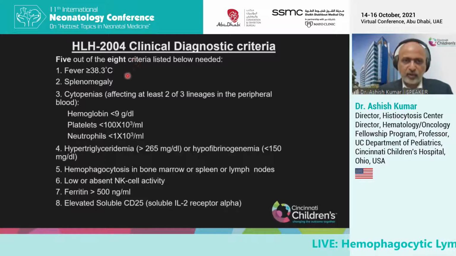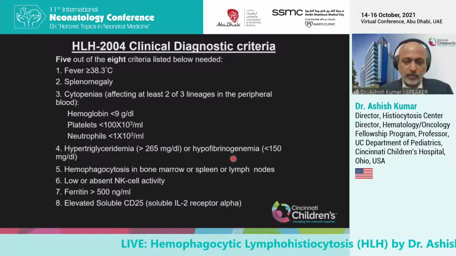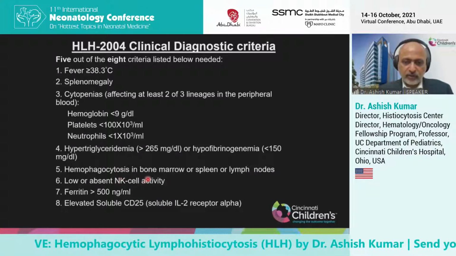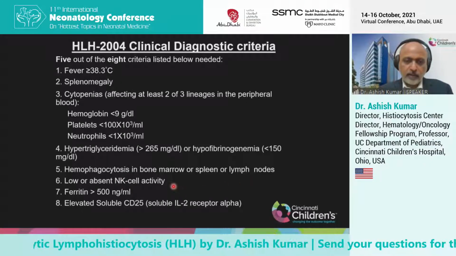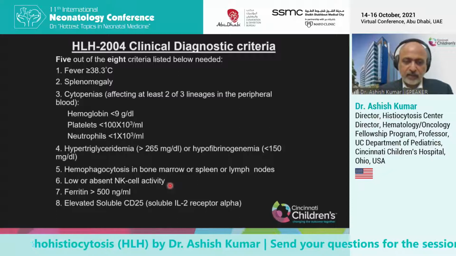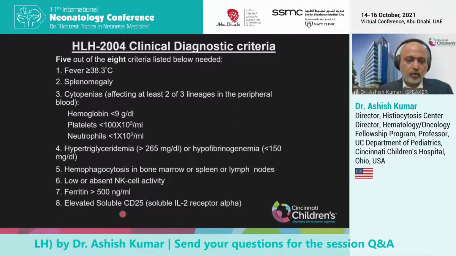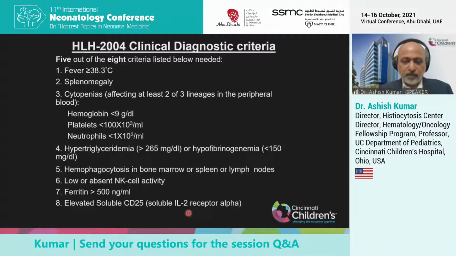These were: fever, splenomegaly, cytopenias affecting 2 cell lines, elevated triglycerides or reduced fibrinogen, presence of hemophagocytosis in the bone marrow, spleen, or lymph nodes, decreased NK cell activity, elevated ferritin, and elevated soluble CD25, which is also known as the IL-2 receptor alpha.